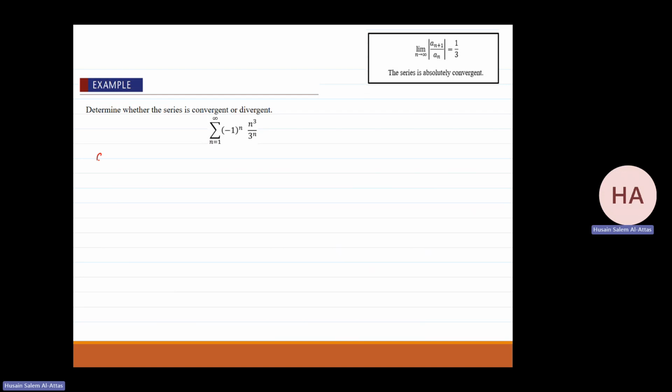So my An is n cubed over 3 to the power n with a minus sign. The minus sign will make no change. So we need to find L, the limit. That minus sign will make no difference, but let me do it with the minus. n plus 1 cubed over 3 to the power n plus 1, times the reciprocal of this.